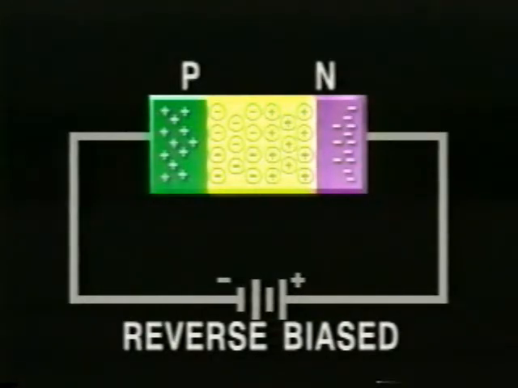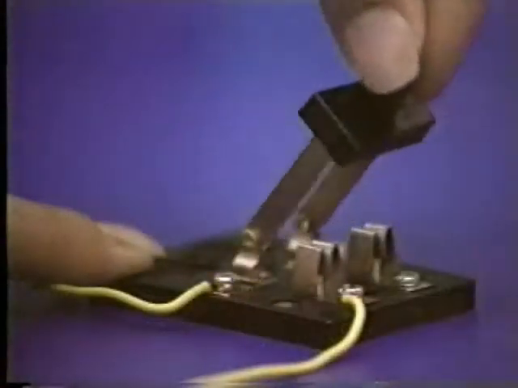The depletion region will continue to expand until its barrier potential equals the applied reverse voltage. Keep in mind that this actually takes place in an instant. The expanded depletion region behaves like an insulator. It blocks the flow of electric current.